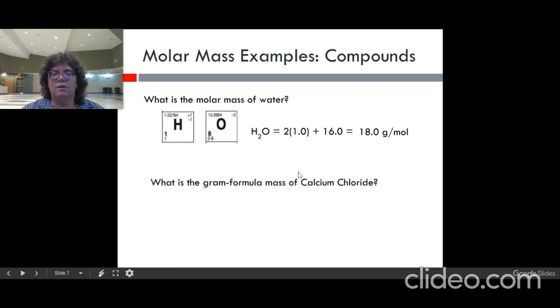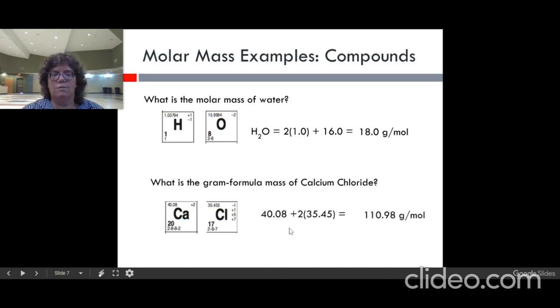We can get into a little more complicated things, like calcium chloride. We know it's going to have calcium. We know it's going to have chlorine in it. The formula for this, which should be written out there, is actually CaCl2. So there's 1 calcium, so that's the 40.08, and 2 chlorines for the chloride, which is the 35.45 times 2, because there's 2 of them.